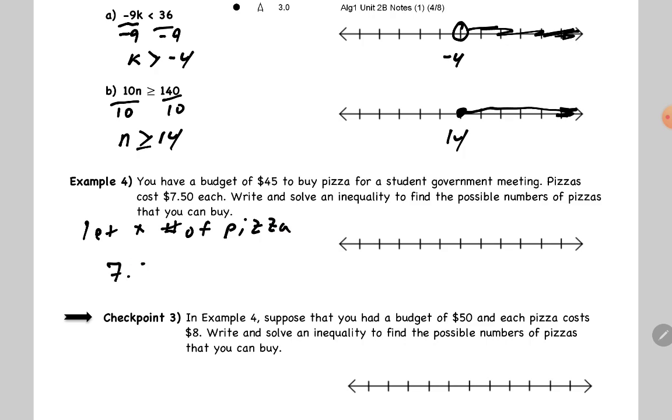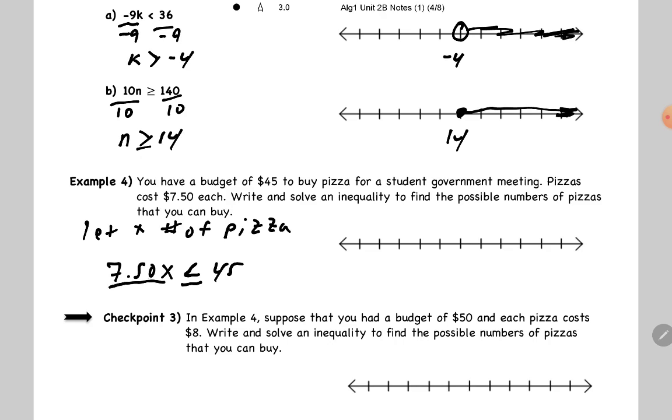So we know that $7.50 per pizza. So you can put $7.50 times the number of pizzas. And we have a budget of $45, so we can use the whole 45 if we wanted. And we can use less if we wanted. So that's why we have less than or equal to 45.